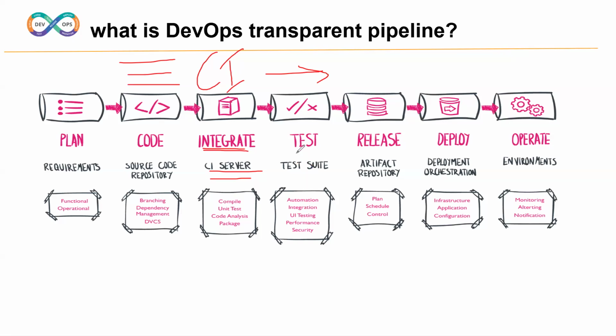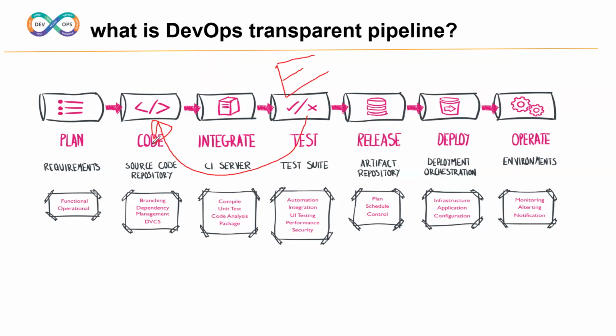If we get an error, it is automatically redirected back to the developer. The developer has to fix the issue, then again integration, again execute test cases. Again we got an error.